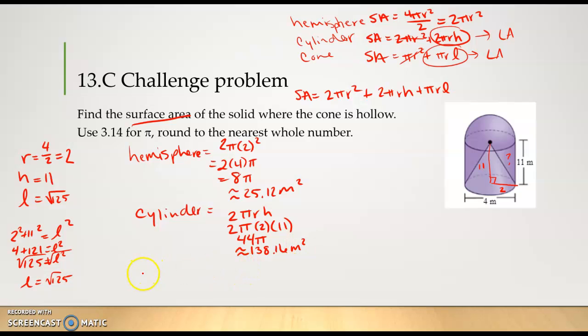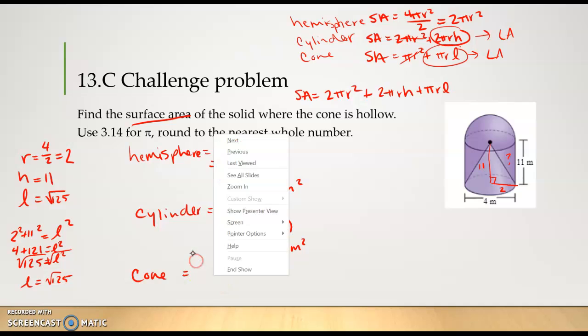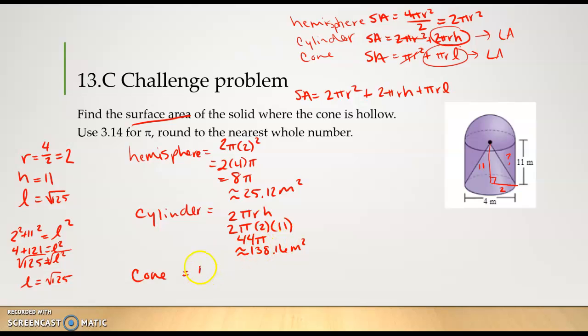And then lastly, my surface area for the cone, which is pi r slant height. So that's going to be pi times 2 times the square root of 125.